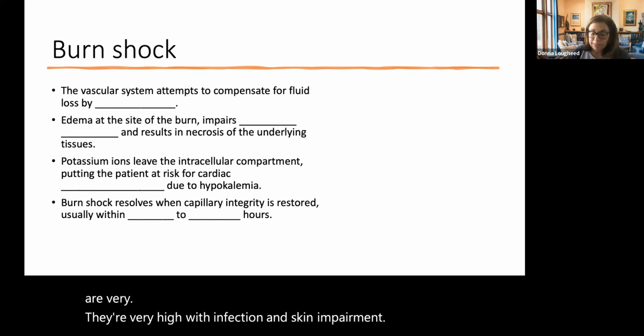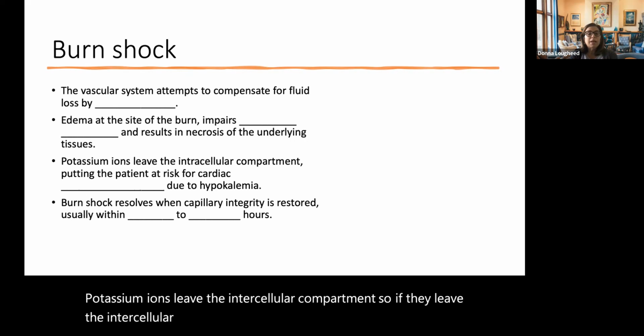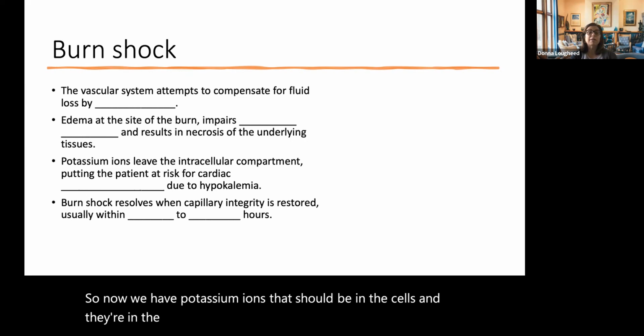Potassium ions leave the intracellular compartment. So now we have potassium ions that should be in the cells, and they're in the intravascular. So now they put the patient at risk for what?